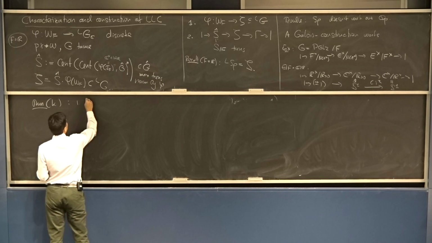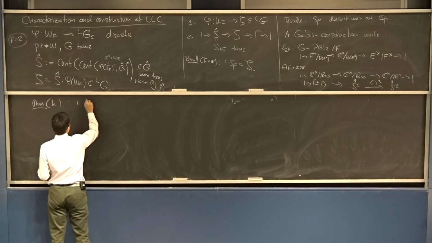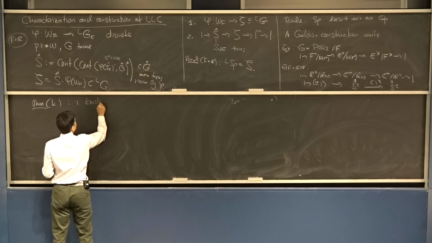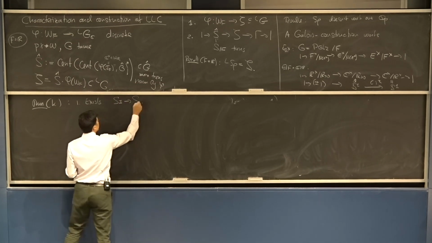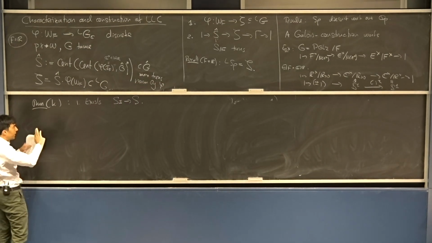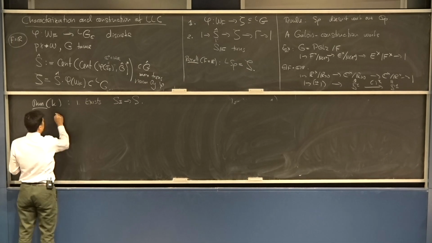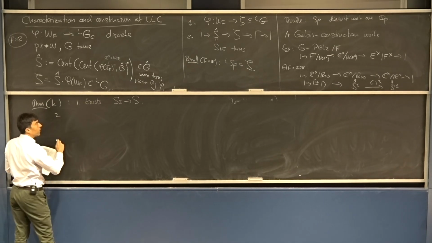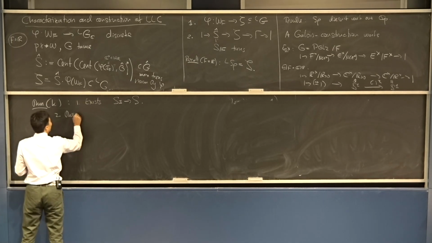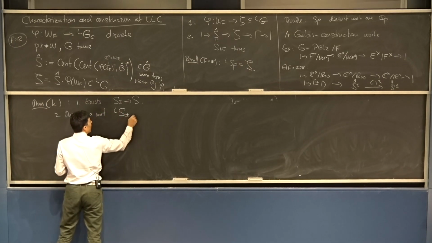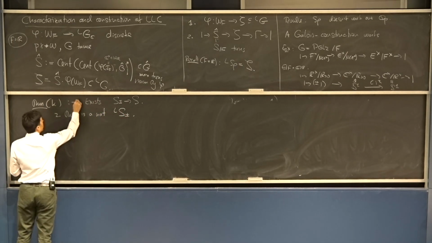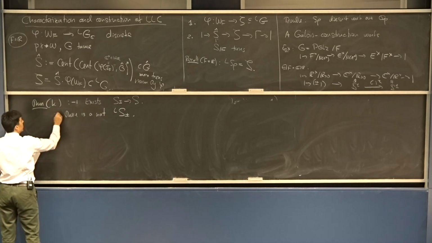Number one, well, that's not really a theorem. There exists a double cover of S, naturally associated. So that's not part of the theorem. That's a construction. But the theorem starts here. Also no. There is a construction of an L group. OK, so maybe this is -1, and this is 0.